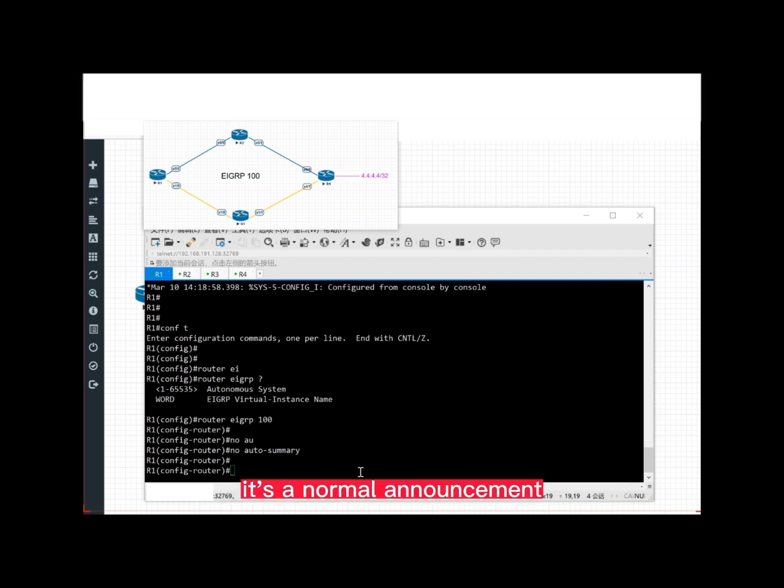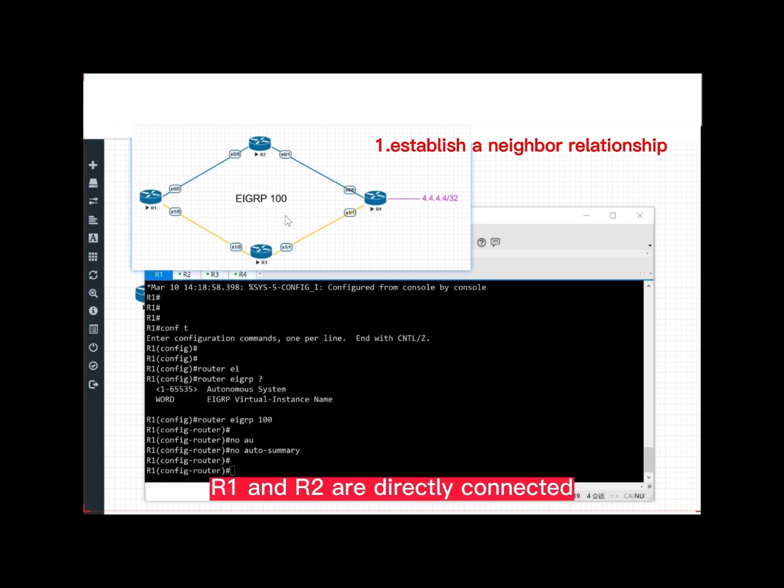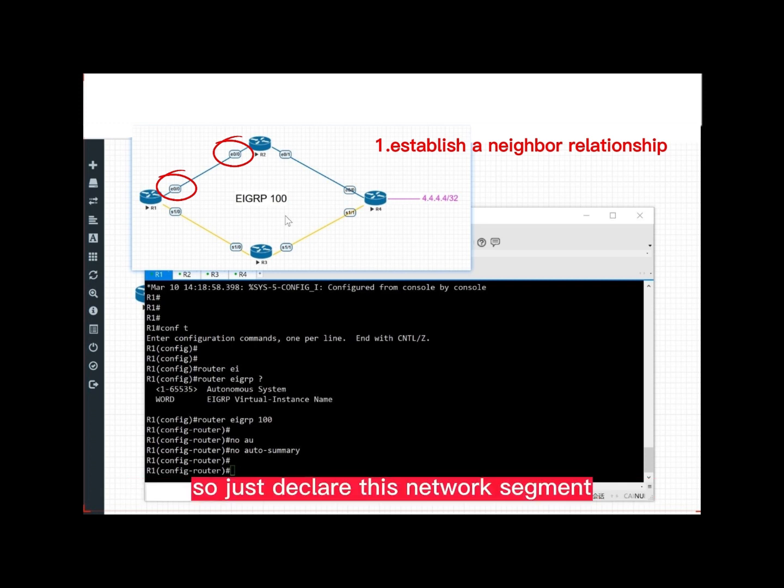Then it's a normal announcement. For EIGRP, it declares in 2 steps. The first step is to establish a neighbor relationship. R1 and R2 are directly connected. They both run EIGRP and declare the directly connected network segment. R1 declares, R2 also declares. Since the interface of R1 and the interface of R2 are in this segment, just declare this network segment.